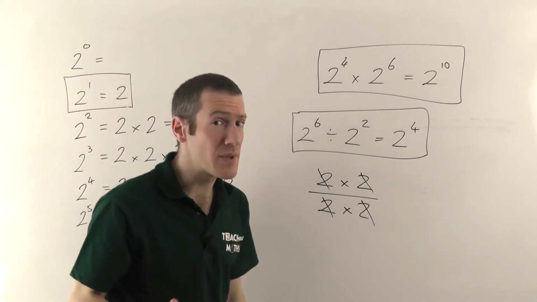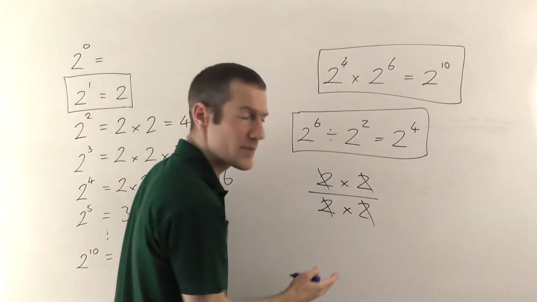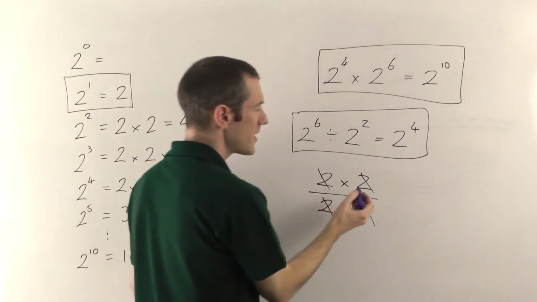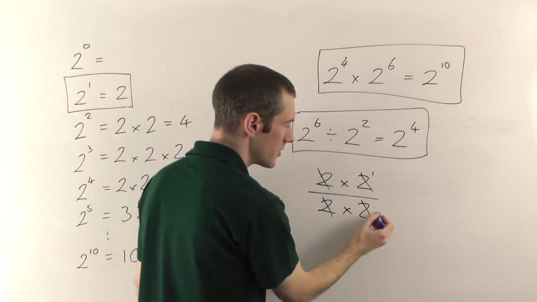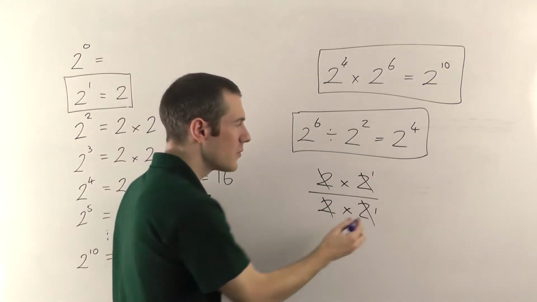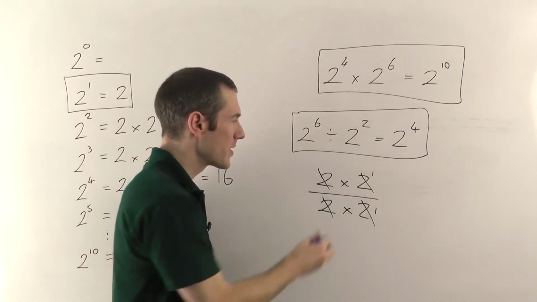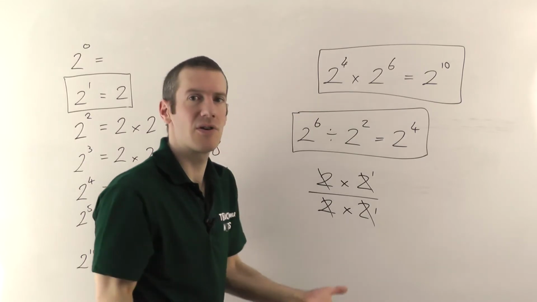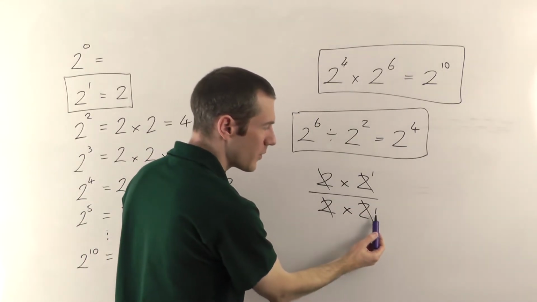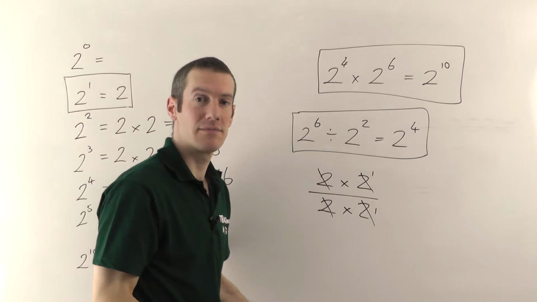Well, we have to look at this a little bit more carefully. What's actually happening when you cancel is that you say, how many times does 2 go into 2? Well, it goes once. And how many times does 2 go into 2? It goes once. We don't normally bother writing the little 1 there, because if you're multiplying by 1, it doesn't do anything. Times something by 1 and you've still got what you started with. And if you divide by 1, that doesn't do anything either.